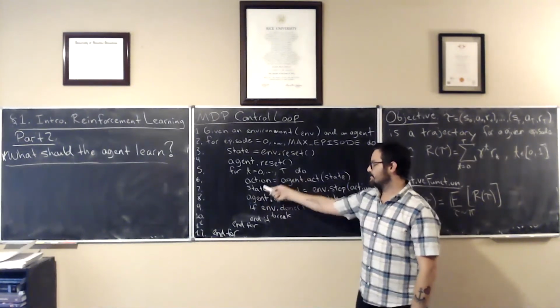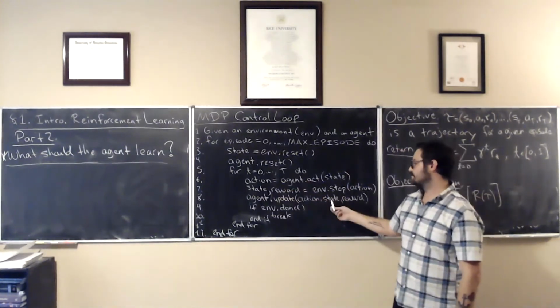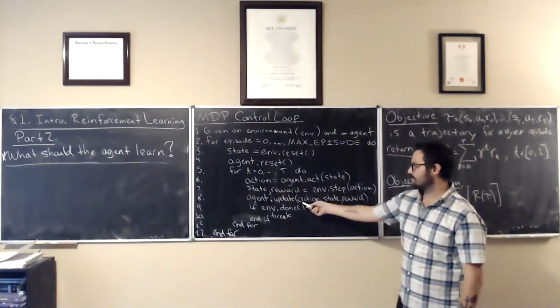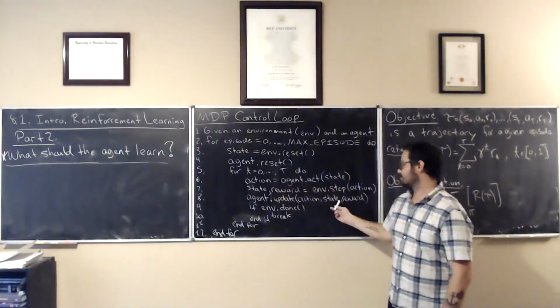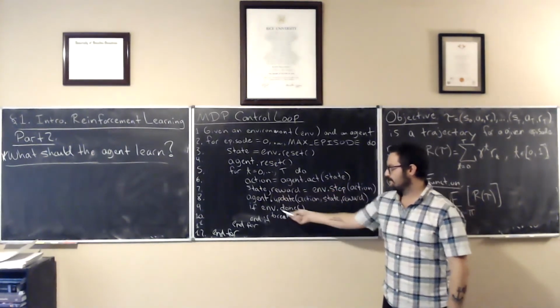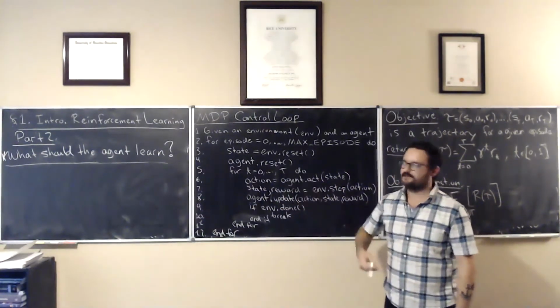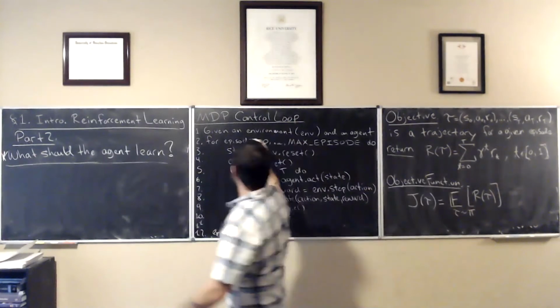Okay? So once you have your state, reward, action, that's the previous state, and we update these things. If we've reached a terminal state, we break out, end everything. Otherwise, we go back up to another episode.